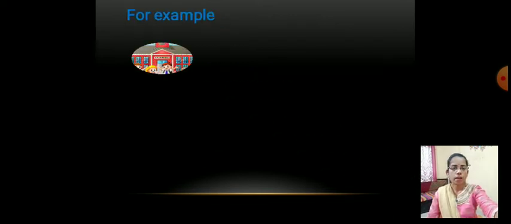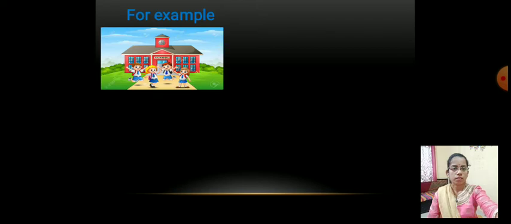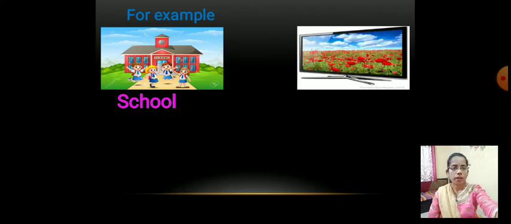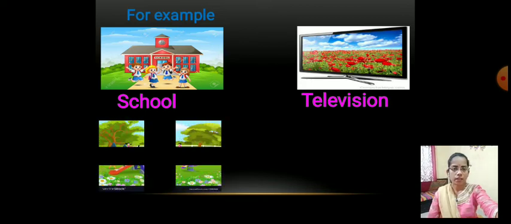For example, school. School is a place. So school is related to the neuter gender. Next one, TV. TV is also a thing included in the neuter gender.